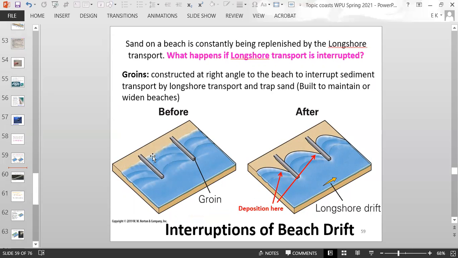Okay, so instead of the beach starting back here, you have more beach area, because it traps the sand. So the sand is moving this way, it's gonna get trapped on this side of the groin. So that's interrupting that beach drift.